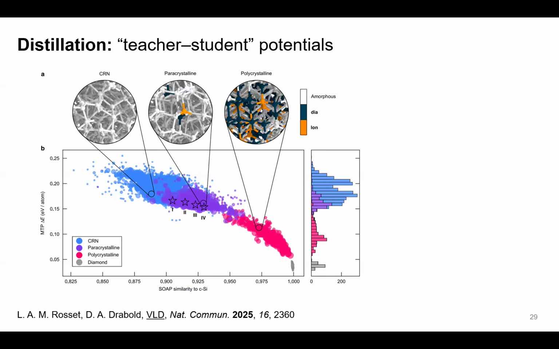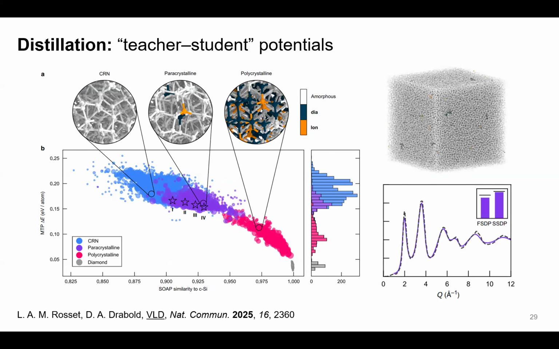And what she was able to do is efficiently build a large data set of lots and lots of different amorphous silicon configurations. You see here in energy all the way from really disordered to much more ordered and even polycrystalline structures. And on the right is 100,000 atoms of amorphous silicon with some small regions of local paracrystalline order.